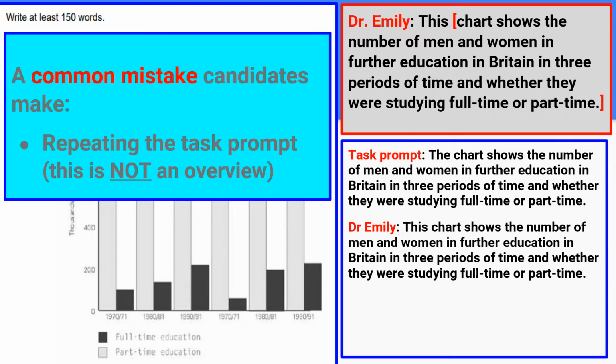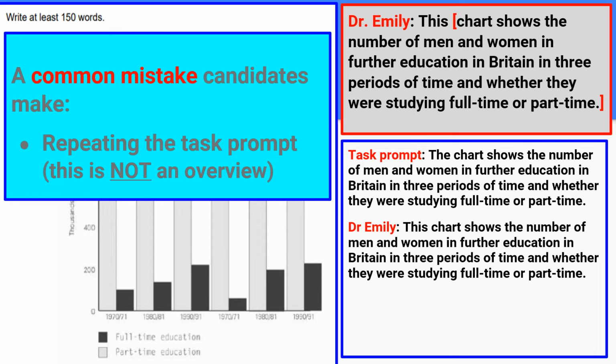Take a look at the text box in the bottom right corner. The task prompt, that's another way to say the question, says, the chart shows the number of men and women in further education in Britain in 3 periods of time and whether they were studying full-time or part-time. Dr. Emily took this prompt and repeated it almost word for word.